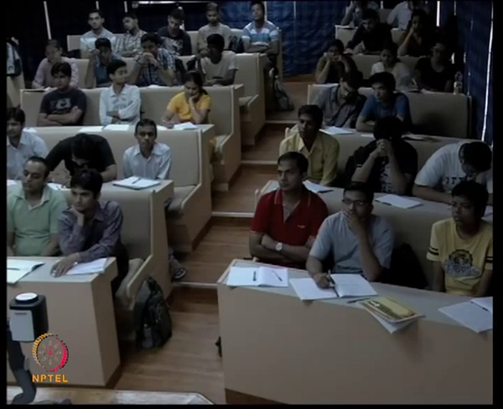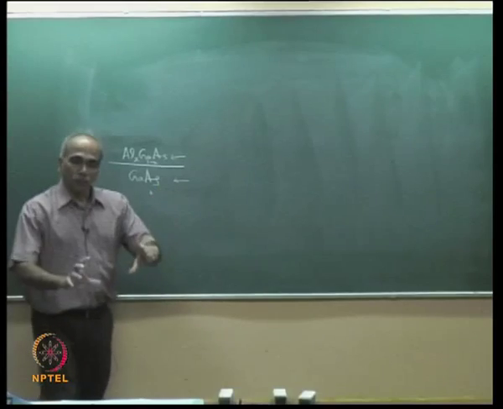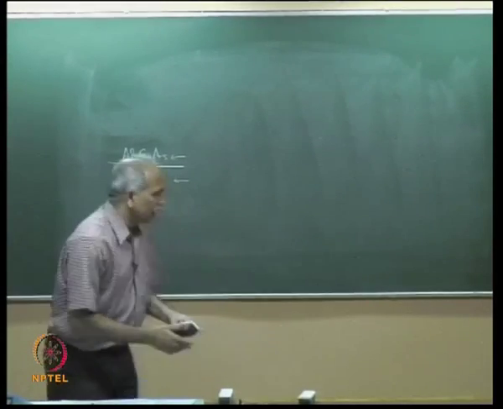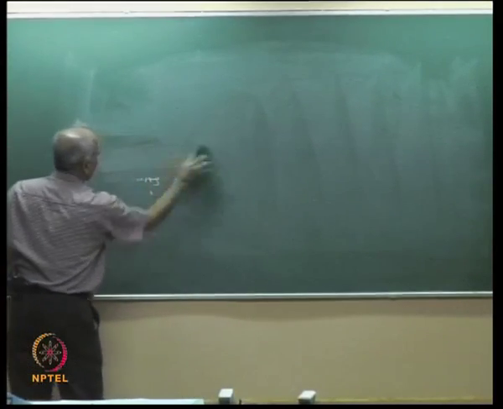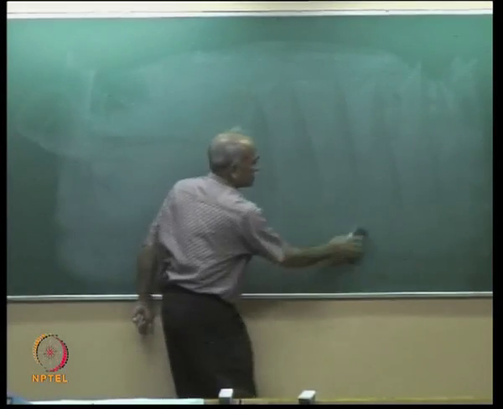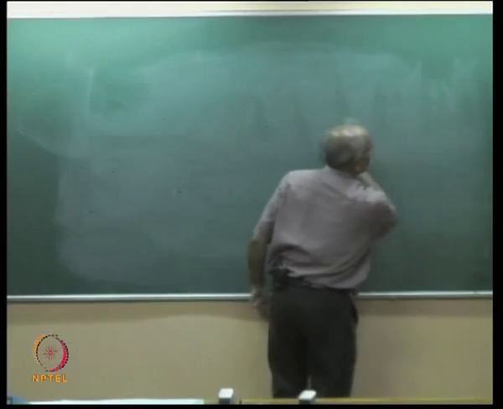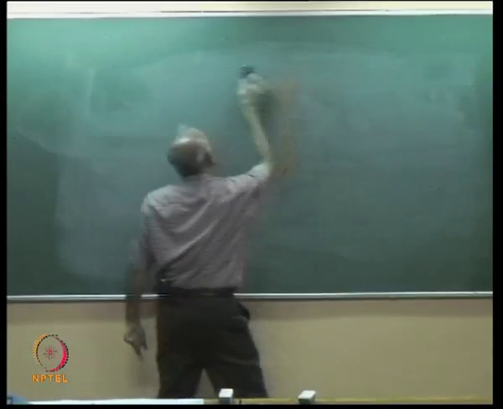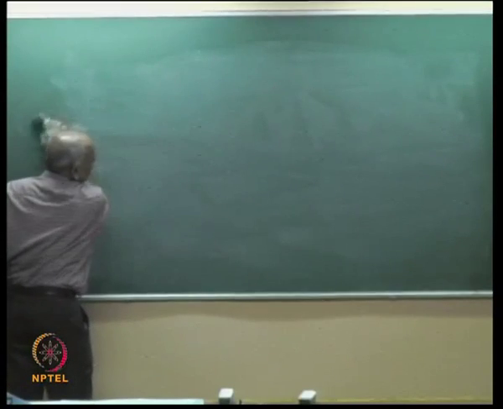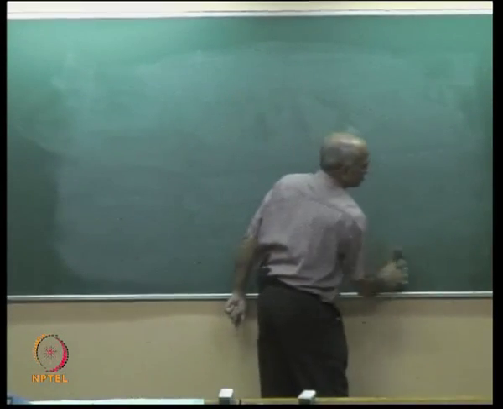Now, how to ensure that a particular composition is lattice matched to a substrate? There is an important graph which is lattice constant versus energy. You will find this almost in all books which discuss heterostructures and growth of heterostructures. This is an important graph for engineers to determine which are the materials that are lattice matched.